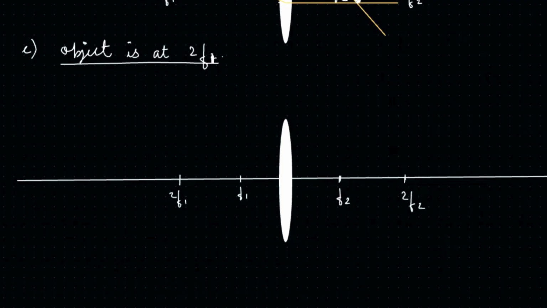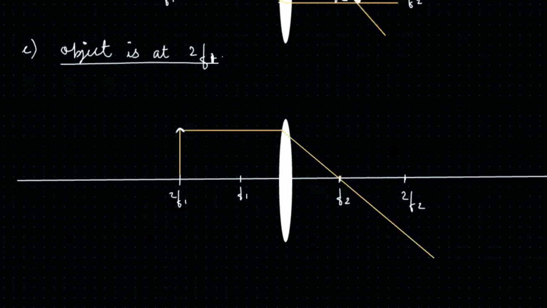Now, if the object is at 2f1, so let's draw the object. This is the object at 2f1. Now let's see where the image is formed. The first ray, again, it is parallel to the principal axis, and after refraction, it will pass through focus, which is f2.